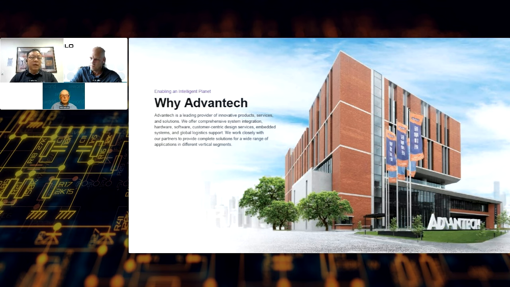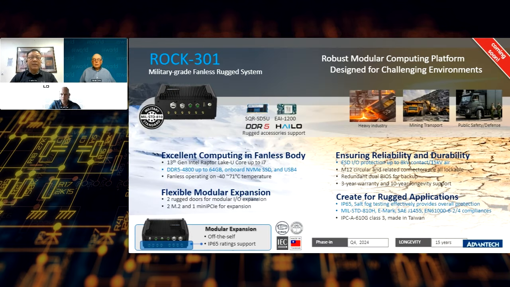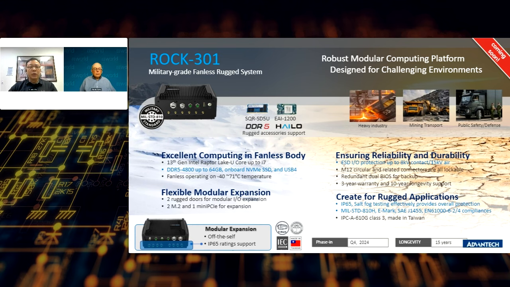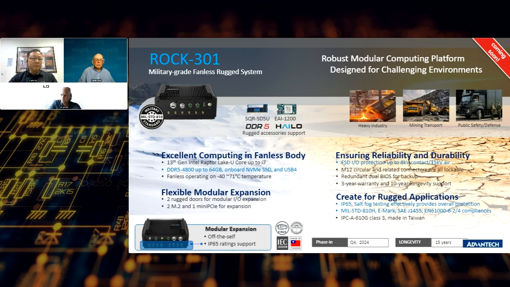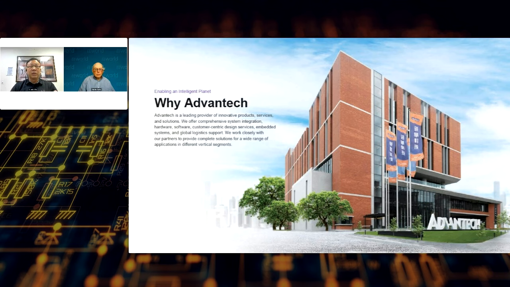And then we even have, just as a quick example here, a very ruggedized design, designed for very harsh environments. This one has IP65 and everything. Not going to go into the wee details, but as far as the vertical market solution is concerned, we certainly have additional hardware solutions that we can provide to the customer for their edge computing needs.